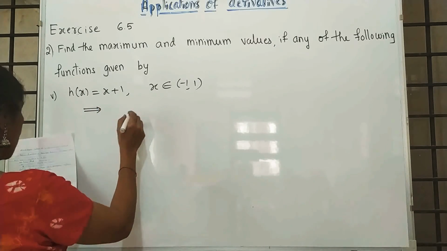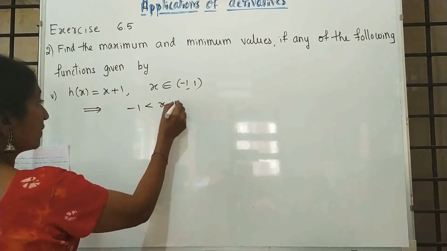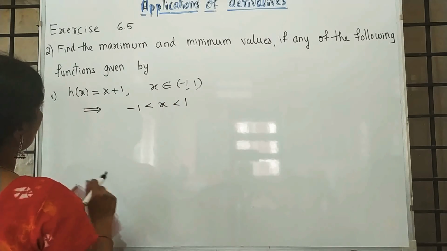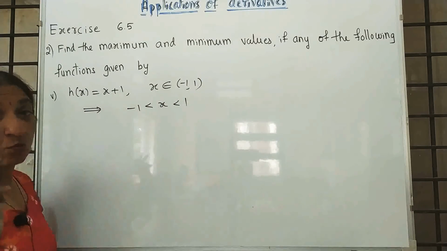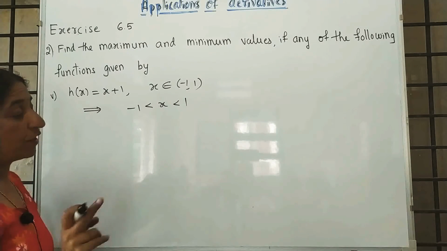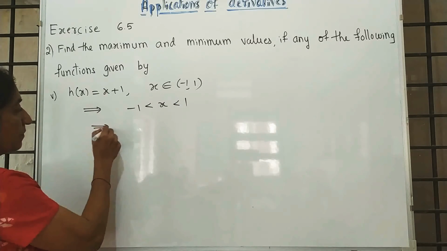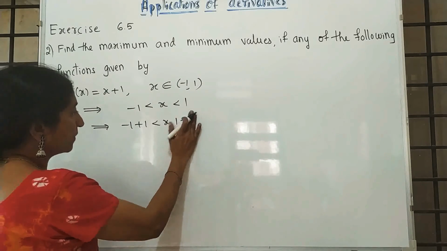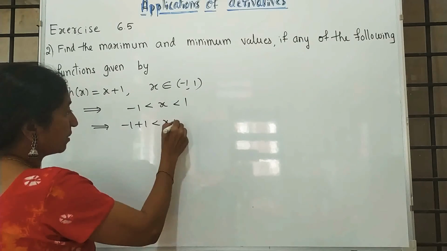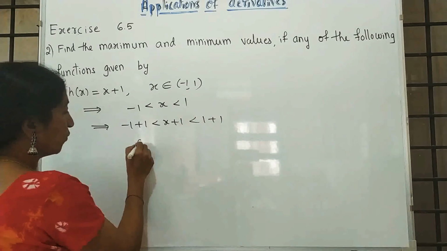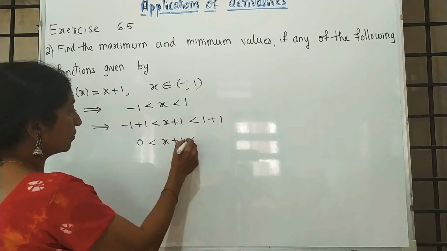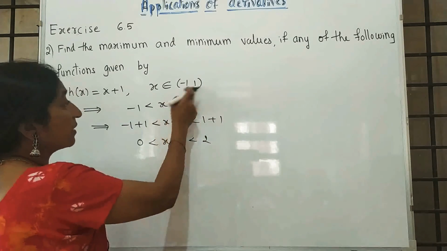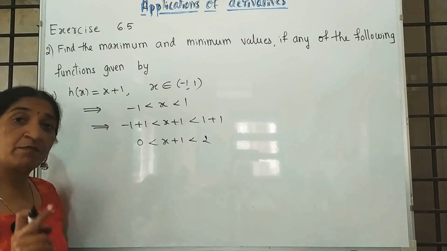It implies that x is lying between minus 1 and plus 1, but we require x plus 1. That means add 1 to each expression. What are we observing? We are observing this.